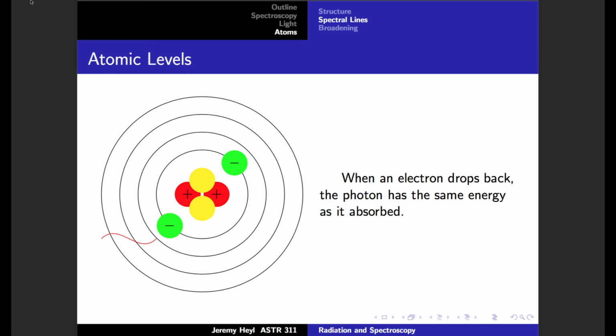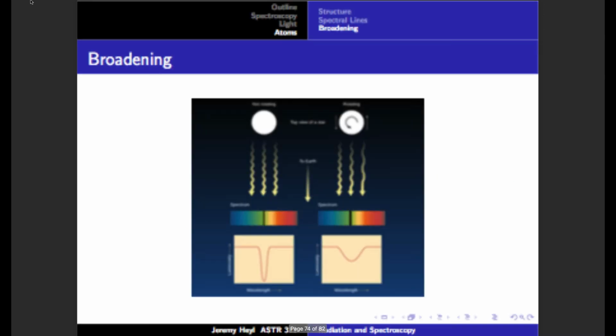And helium, we can't calculate without a computer. But with a computer, we can go through all of these and calculate in detail where all the levels are going to be, and compare it with what's observed. So we understand that periodic table in terms of the electrons living in different levels. So each atom has its own set of spectral lines that it's going to emit.